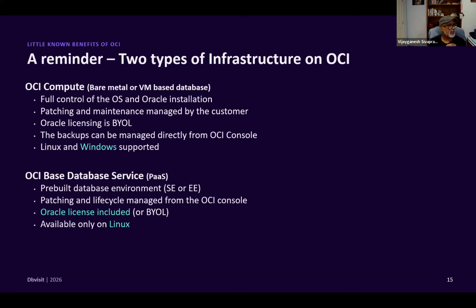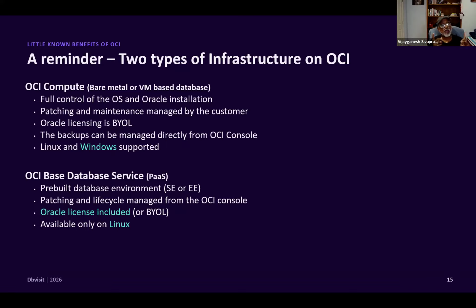And when it comes to OCI base database services, it's a pre-built environment. So when you spin up an OCI DBCS environment, it comes with the OS and binaries installed along with your database already available. The options are both Standard Edition and Enterprise Edition. Then the patching and lifecycle can be directly managed by the OCI console, so you don't have to manually patch your environments. The patching can be done by clicking a button in your OCI console itself.